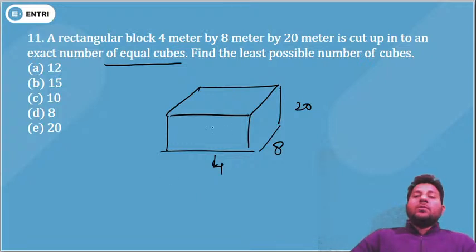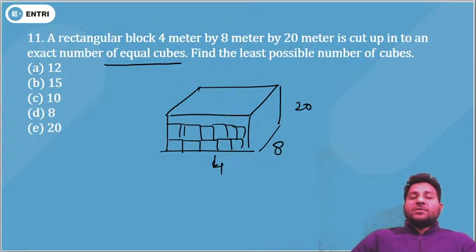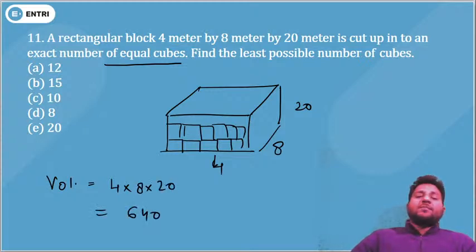So what will we do? We know that all the cubes will be equal to the volume of the whole cuboid. So let's find out the volume of the cuboid. 4 into 8 into 20, which means 640. And we know that the volume of a cube is side cube.